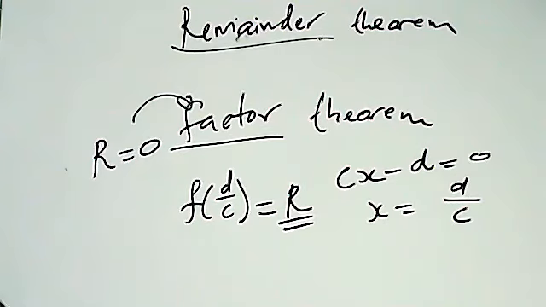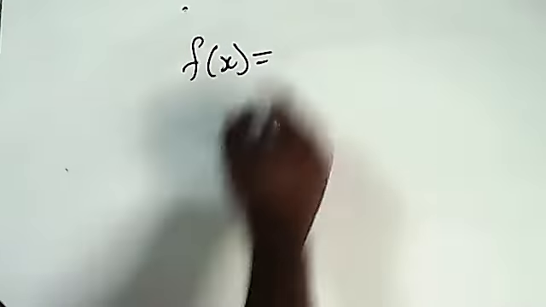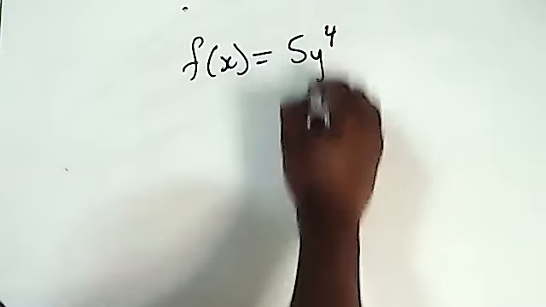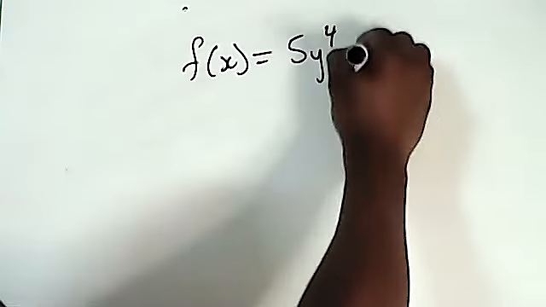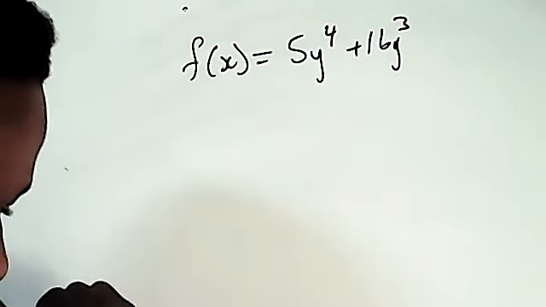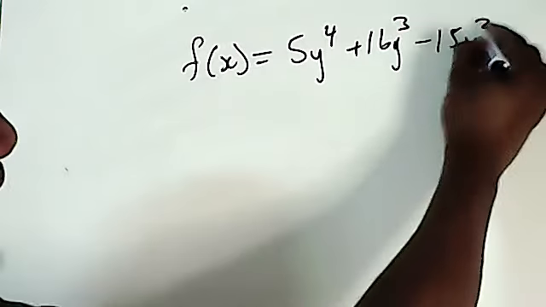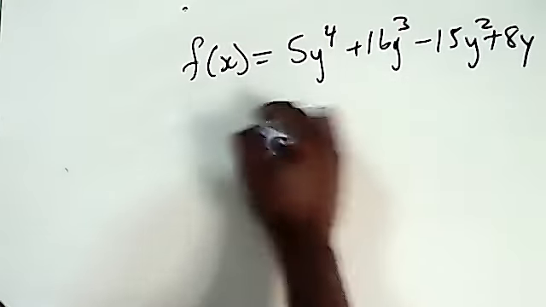So let's assume that we're given something of this nature. I want to quickly touch on it. Let's say you are given that f at x is equal to 5y to the power of 4 plus 16y squared minus 15y squared plus 8y plus 16.